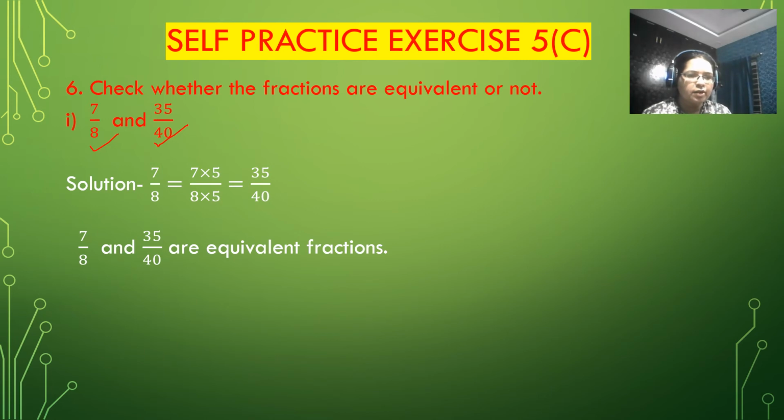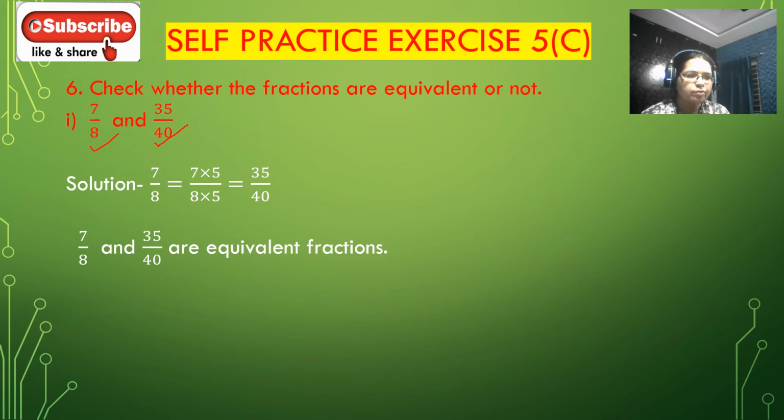7 divided by 8 is equal to 35 divided by 40? We know multiply 5 with numerator 7, we get 35, that is equal to the numerator of the second fraction. So multiply 5 with numerator and denominator of the fraction 7 divided by 8.